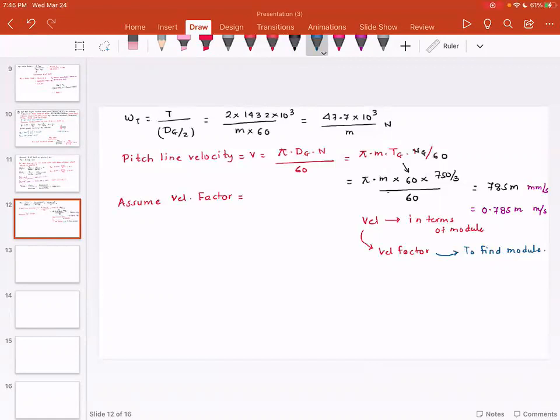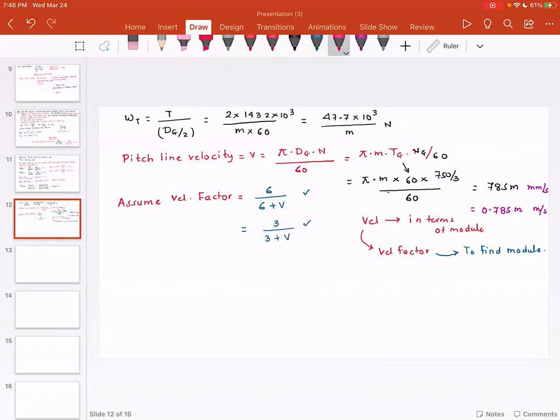So in the last problem, we assumed the velocity factor as 6 divided by 6 plus v. It is okay to assume velocity factor 3 divided by 3 plus v. And please try to understand, velocity factor is just sort of a guideline that is giving you an idea about how many times that load is oscillating or fatigue is taking place. So slight variation in the velocity factor is okay. So you can use this or you can use this.